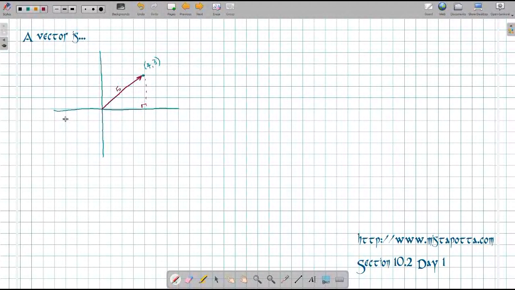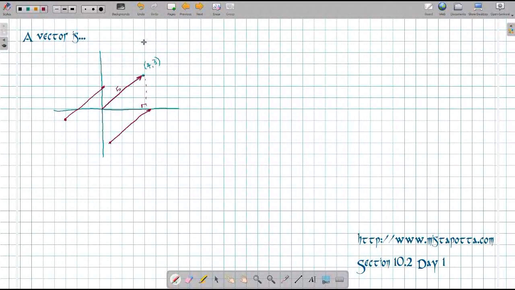So I could take any vector that starts at any point, and by moving up 3 and over 4, any of these line segments that I draw, these directed segments, are all going to be parallel. They're all going to have the same length.